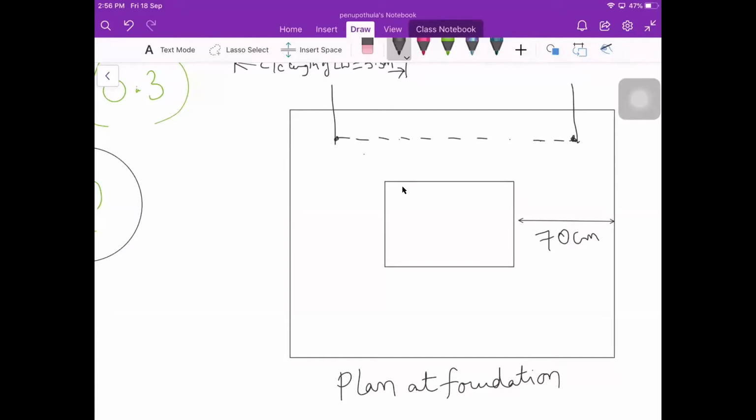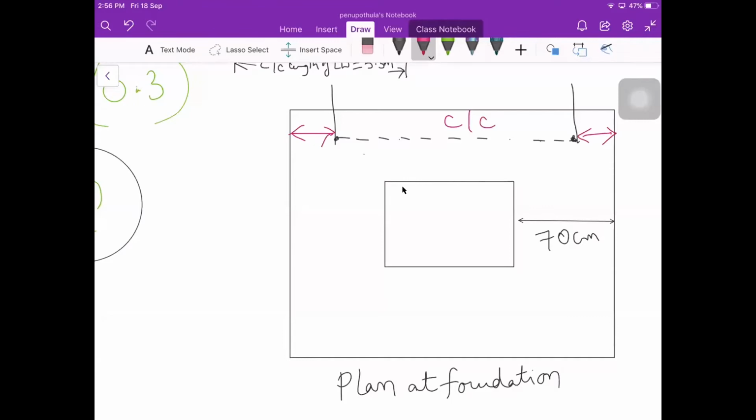Now I want the out to out length of the long wall. What do I need to add? I need to add the center to center line length plus half width on one side plus half width on the other side. Is everyone clear up to this point?